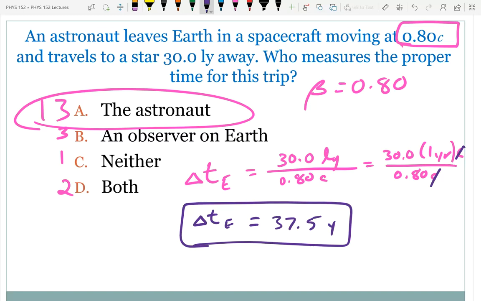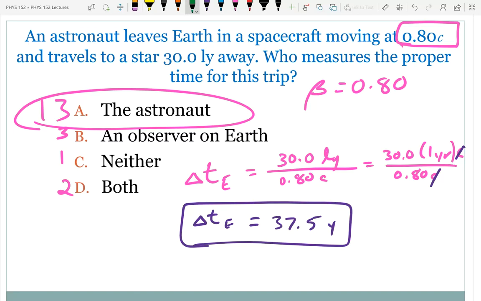The astronaut is sitting in his capsule, and just sees the destination coming toward him at a speed of 0.80 C. So he's just hanging out stationary, and this thing's flying toward him. He's asking how long it's going to take until it hits me.